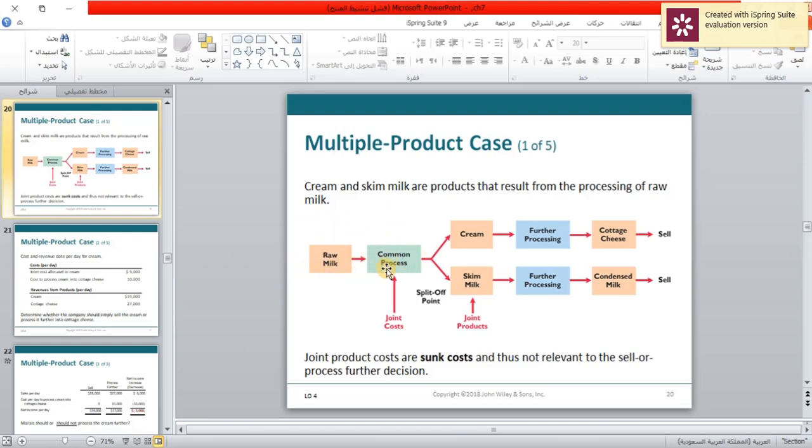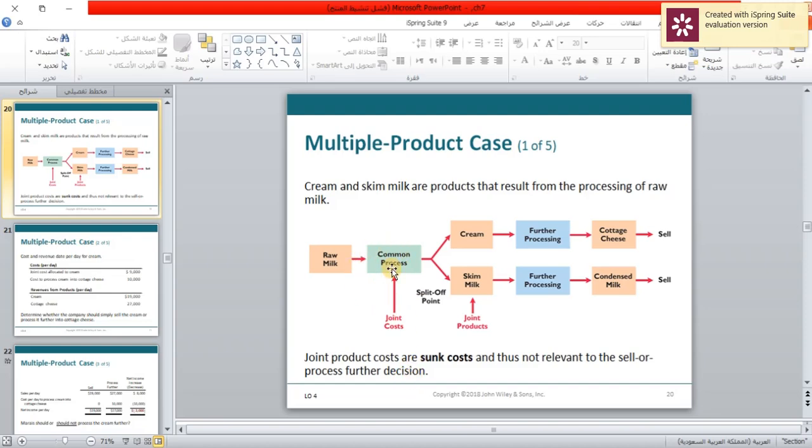It is a common process with joint cost resulting in two products, cream and skim milk. Joint product costs are sunk costs.